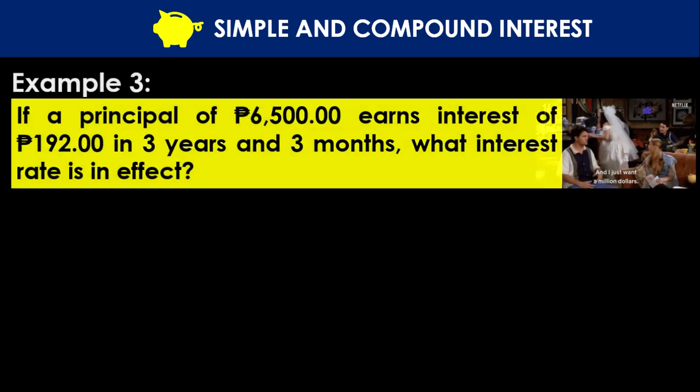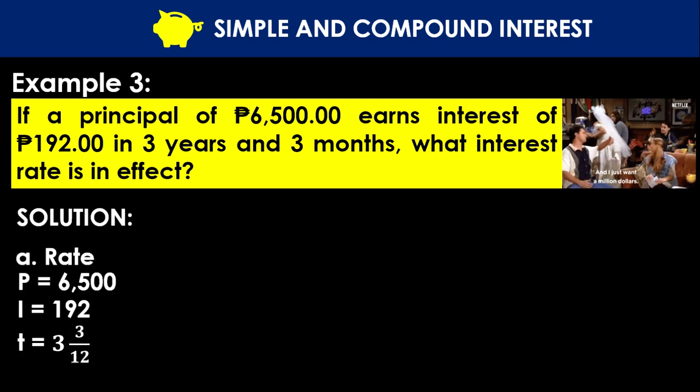Another example, example number 3. If a principal of 6,500 pesos earns interest of 192 pesos in 3 years and 3 months, what interest rate is in effect? Here we have the given: the principal amount, the interest, and the time. We are after the rate, so we need to manipulate the formula.